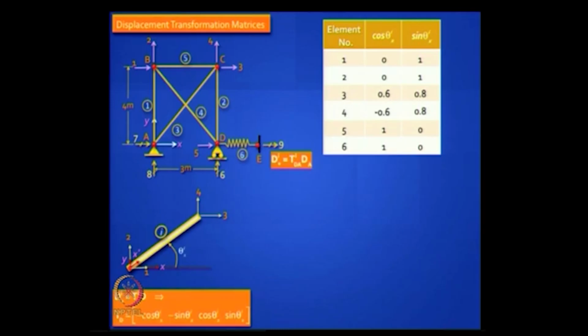This is for the whole structure. How many active degrees of freedom are there? 5. So it is going to be 1 row, 1 by 5, generate. It is 1 by 5. And there are 6 elements. So it totally will be 6 by 5. I want to see that 6 by 5. You have to do it.